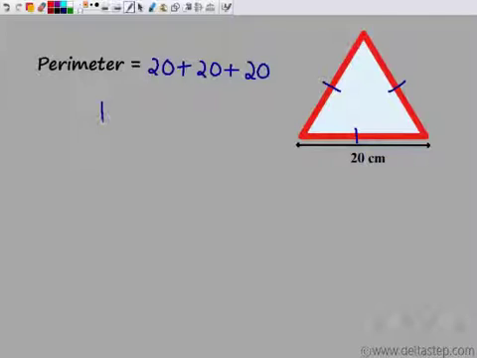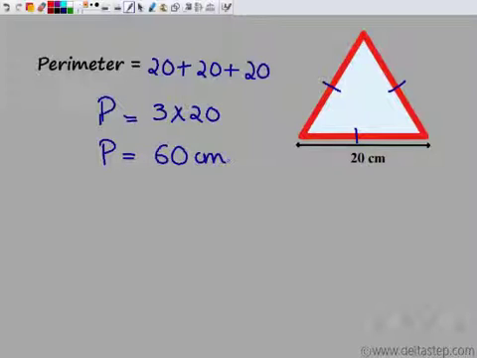Perimeter is denoted by the letter P. So perimeter would be 20 plus 20 plus 20, or 3 times 20. So perimeter is equal to 60 centimeters. He finds that 60 centimeters of tape would be required for one triangle.